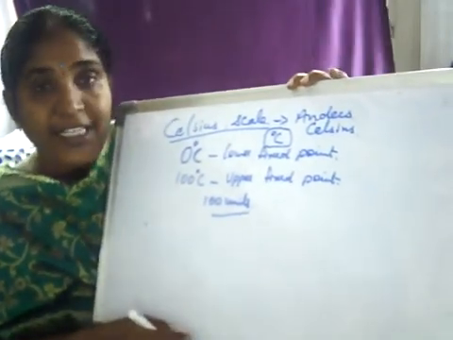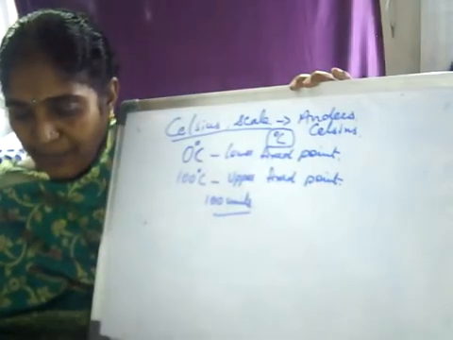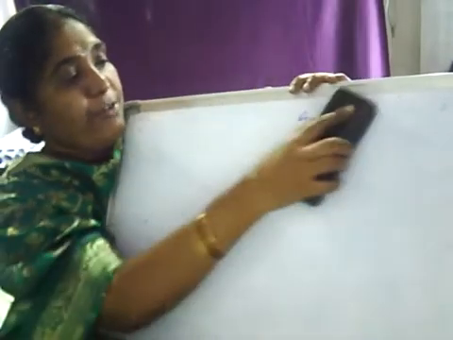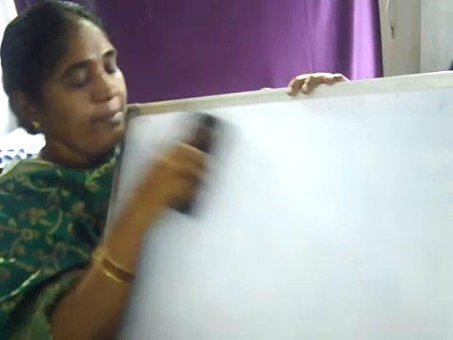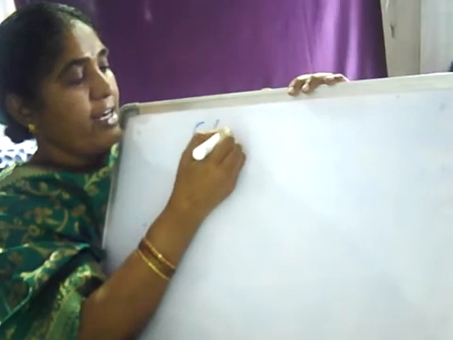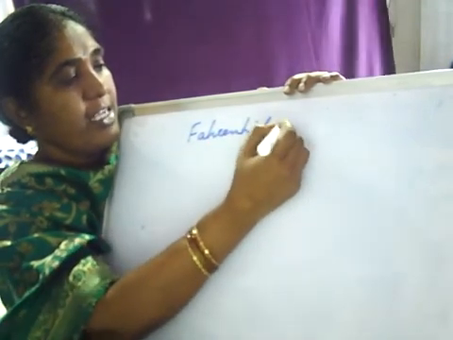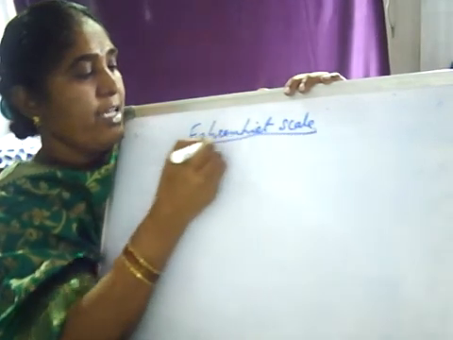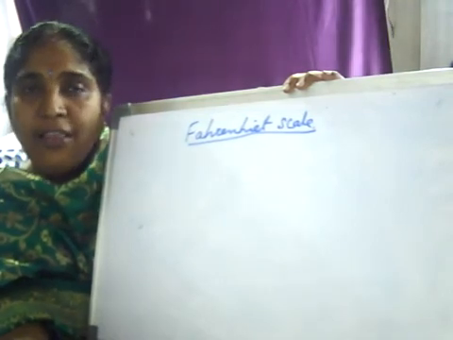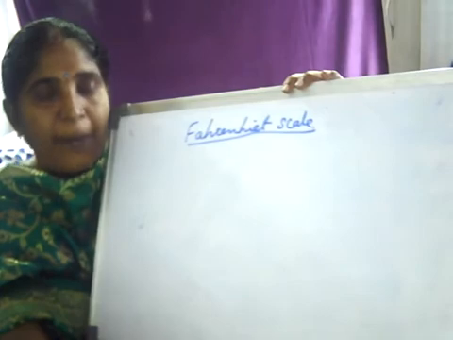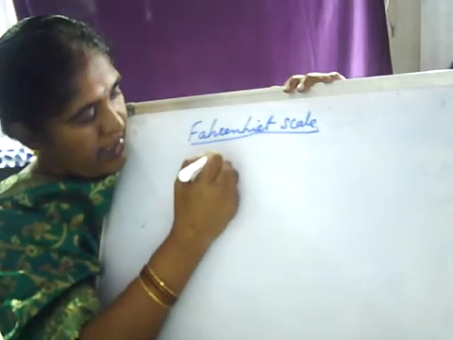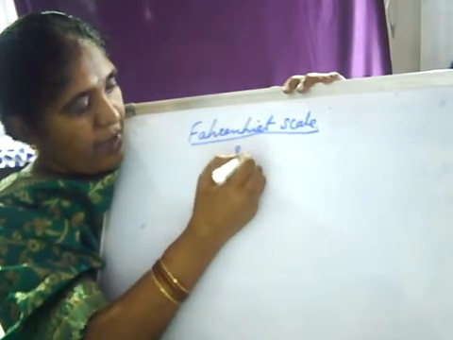Then we move on to the next scale, the Fahrenheit scale, also named after a scientist, Daniel Gabriel Fahrenheit. After his name, we got this scale, which we call the Fahrenheit scale. Here also the boiling point and the freezing point of water are taken, but here the freezing point of water is 32 degrees Fahrenheit.